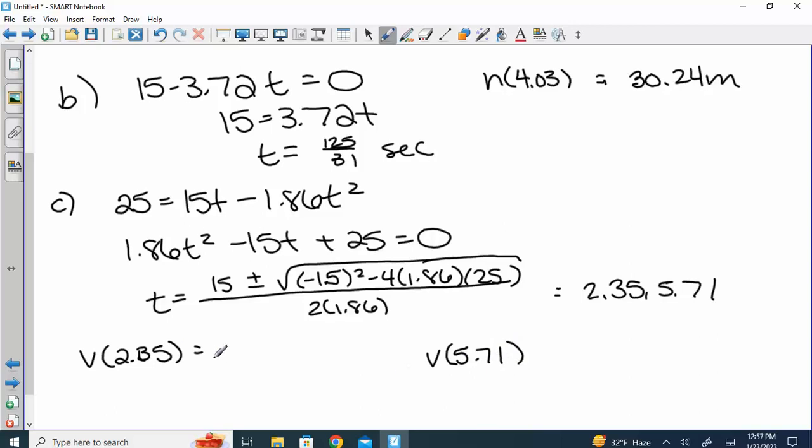And I think we get 6.258 on the way up. I know it's going up because it's a positive, and then when I put in this one, I get a negative because it's coming back down. So that's on the way up, and this is on the way down.